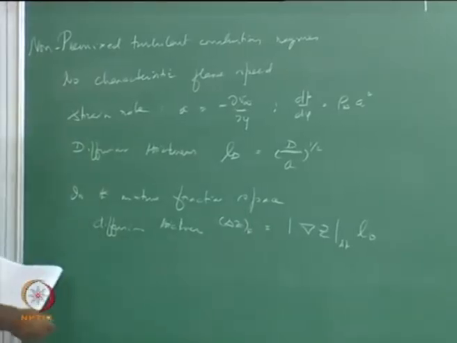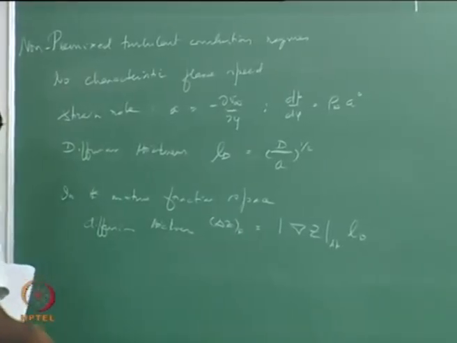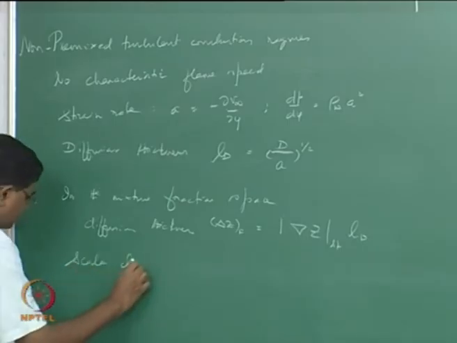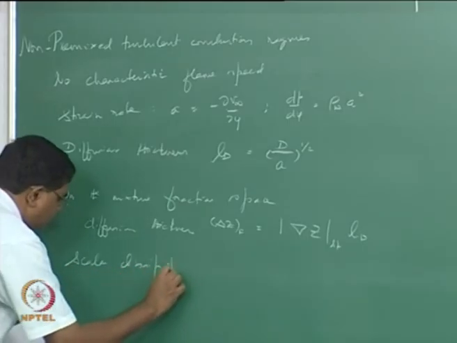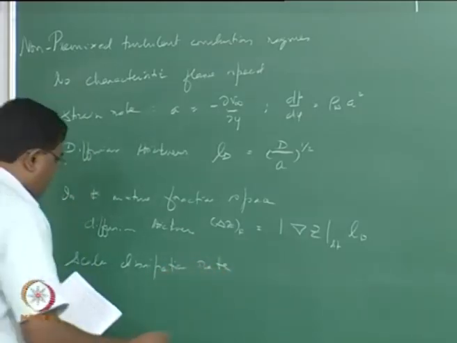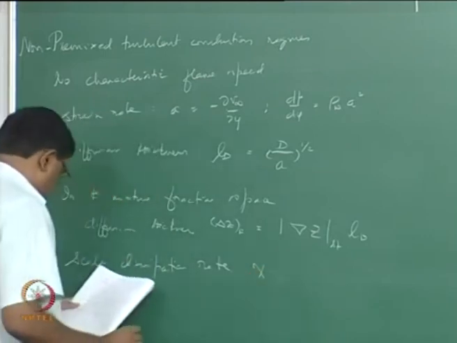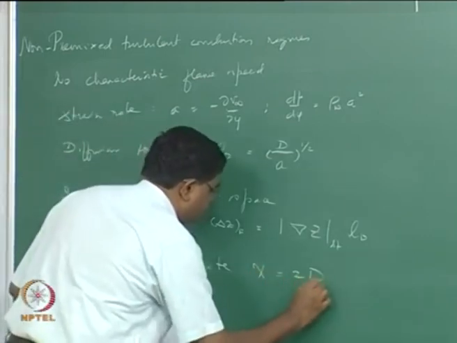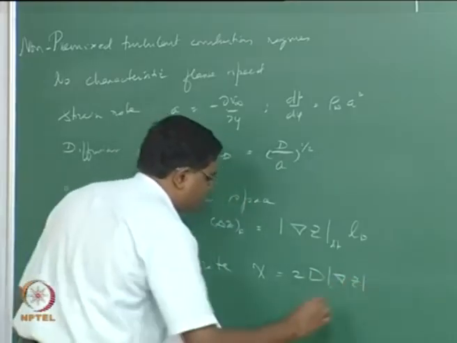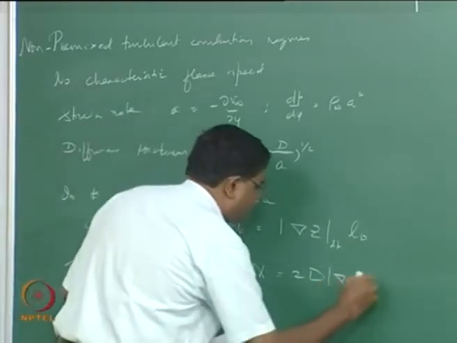And we also had the scalar dissipation rate chi, we did define this, and that is twice D grad Z mod squared.